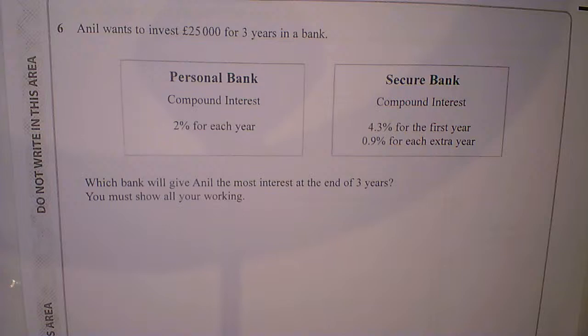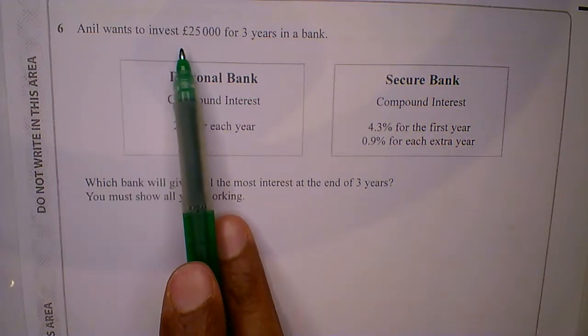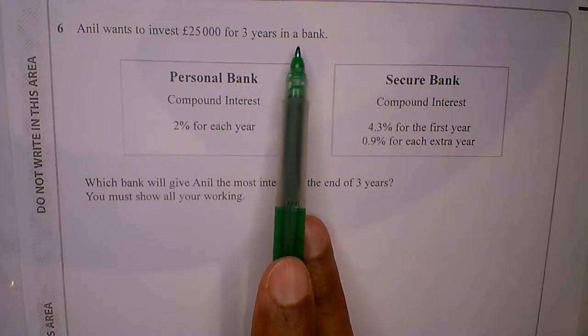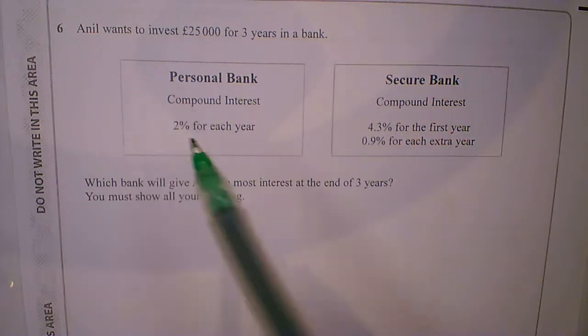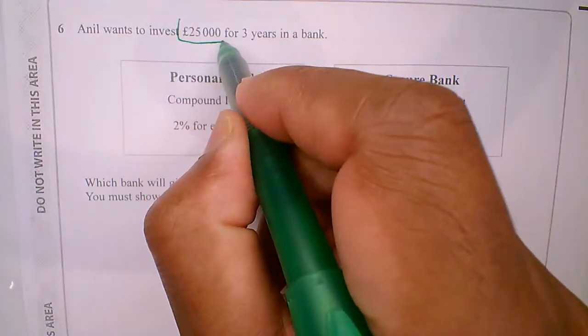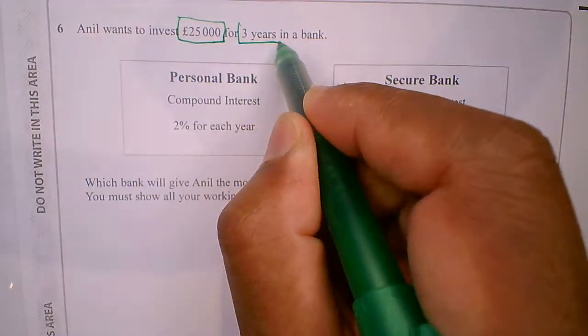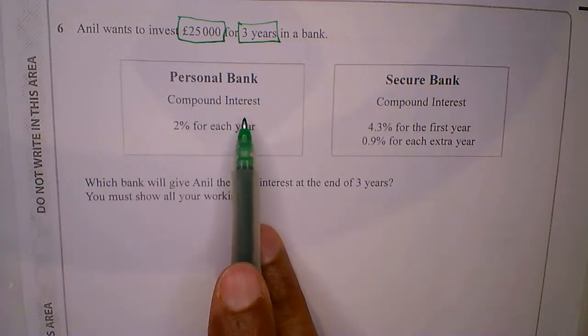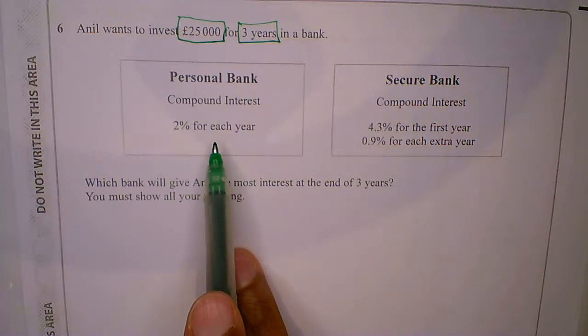Okay, let's look at this. A lot of information to digest here. Anil wants to invest £25,000 for 3 years in a bank. Personal bank: compound interest, 2% for each year.